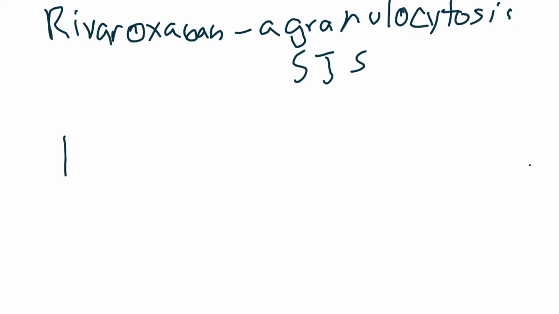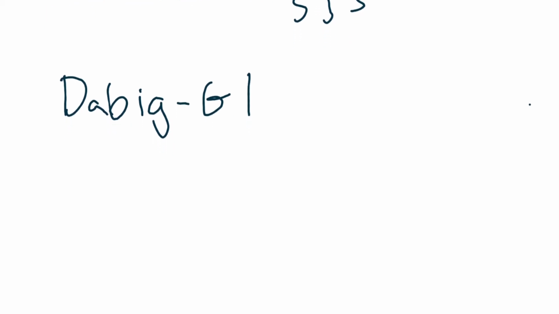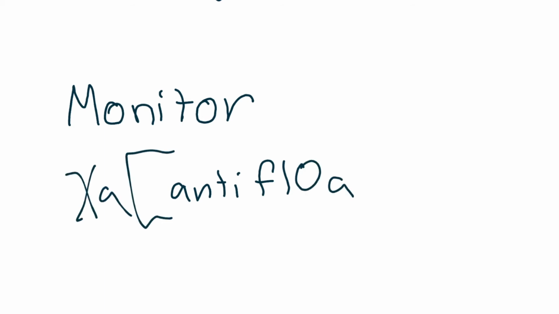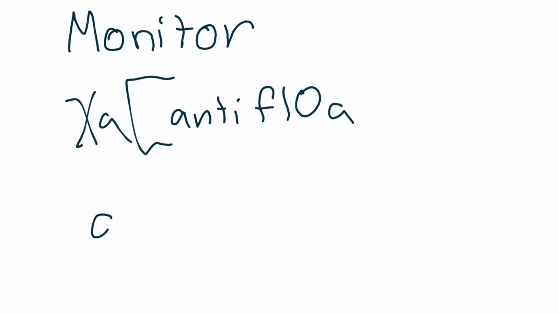Dabigatran commonly can cause GI effects, so you might get dyspepsia in your patient who you have on dabigatran. And thrombocytopenia can also occur. Monitoring of the direct 10A inhibitors, you can actually do an anti-factor 10A level. That's just for the 10A inhibitors. And then for dabigatran, you can actually do a dabigatran trough level.